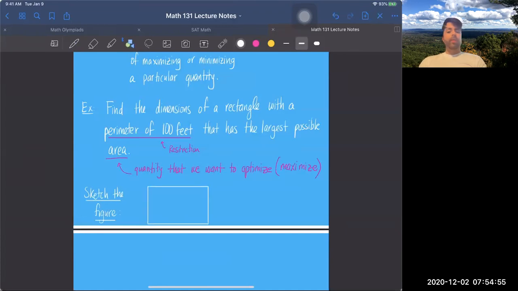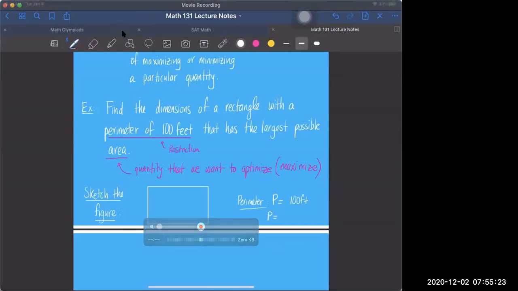So we all know what rectangles are. That's what we have. Now, all we know is that the perimeter, P, my perimeter, is 100 feet. But does anybody know how do you get the perimeter of a rectangle?